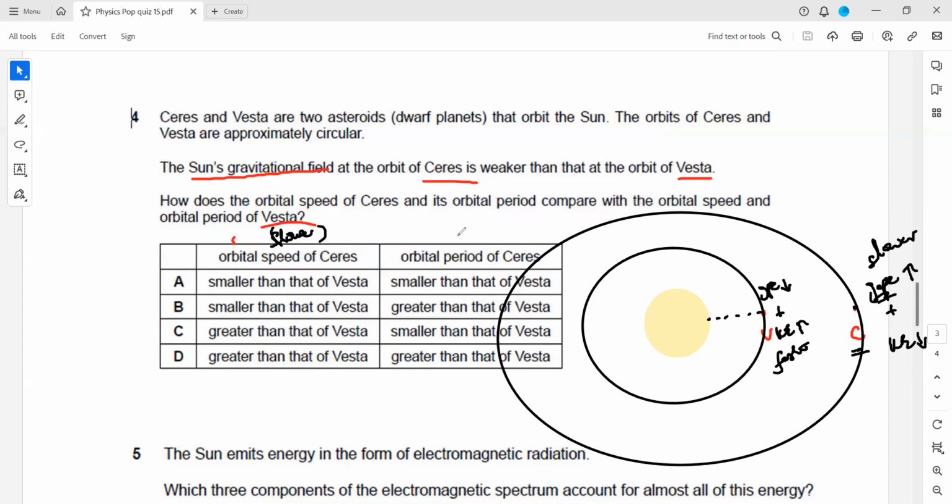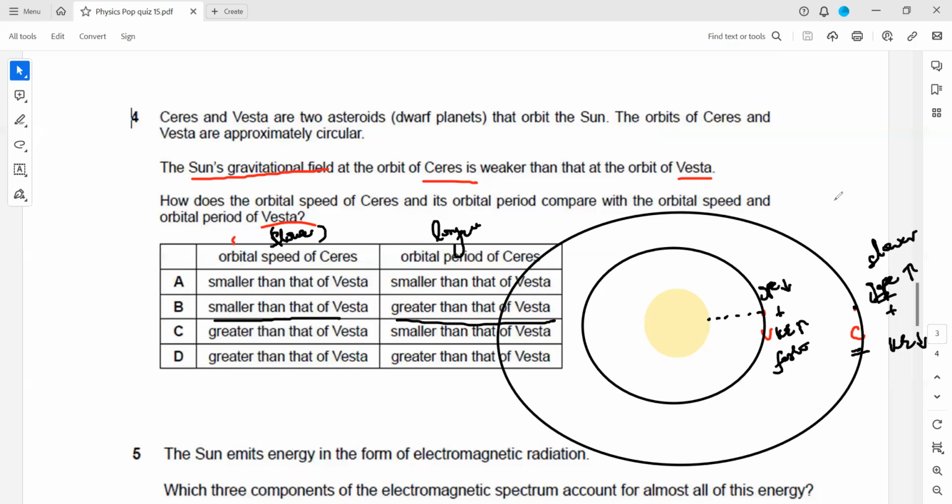And for the orbital time, because it is moving slower and it is far from the Sun, it has a greater circumference for the orbit. So the orbital time period will also be longer, or you can also say greater. So the orbital speed should be smaller and the orbital time period will be greater than Vesta.